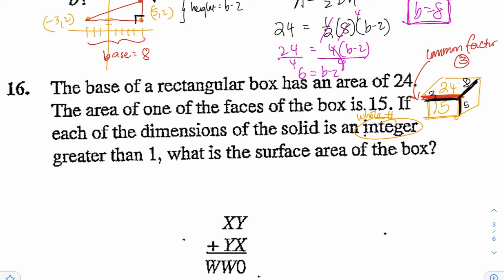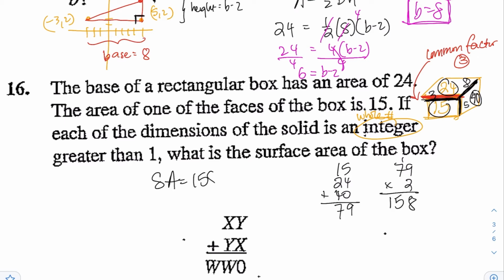So that's actually enough to figure out the surface area of the entire box. The other face is equal to 40. You take 15, 24, and 40, add them up. That's 79, and you have to double that 79 because we have the back, the left side, and the bottom. And you get that the surface area is equal to 158.